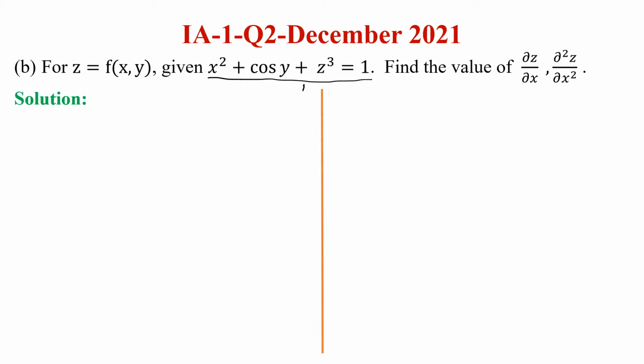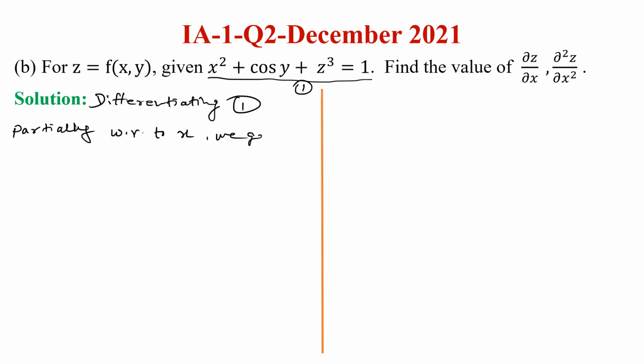Differentiating the relation partially with respect to x, x square gives 2x, cos y is constant so it is 0.